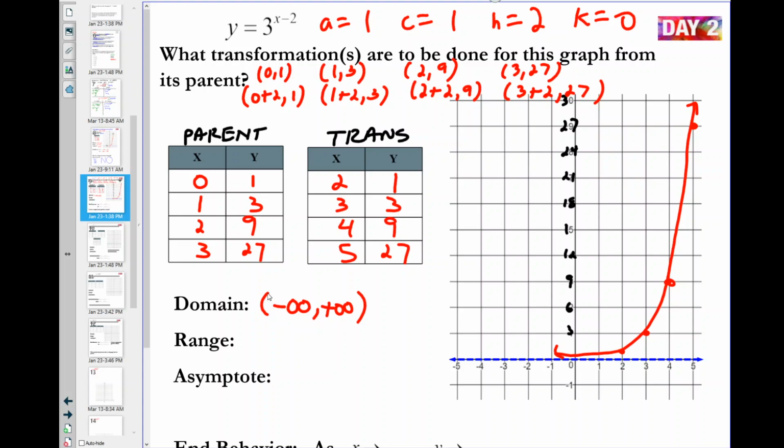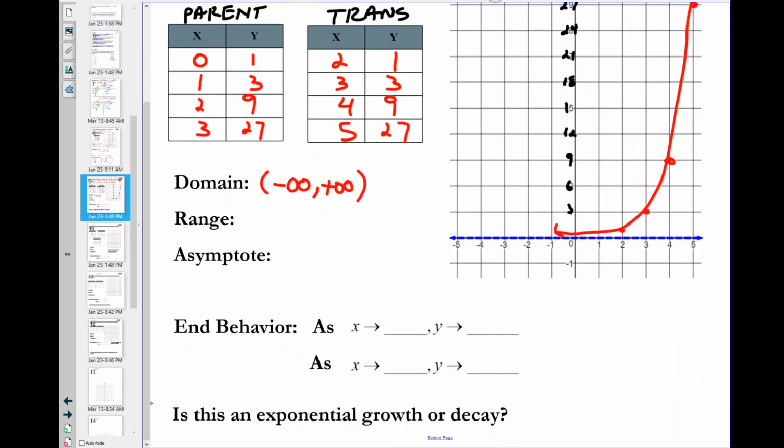I could have asked you this back in October and you would have been able to do it. It's just how low and how high does it go?